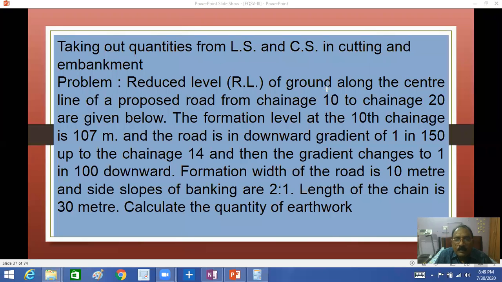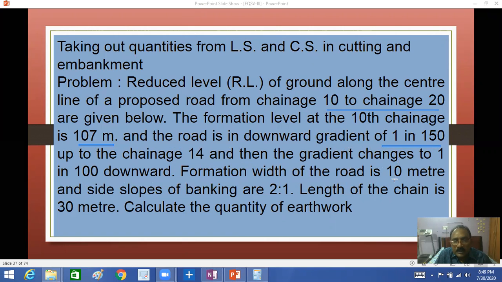Here, first, what we have to observe: how many chains? 10 to 20. You have to write like this. The formation level is 107 meters, and the downward gradient is 1:150, and 1:100 from the 14th onwards, 14th to 20th.